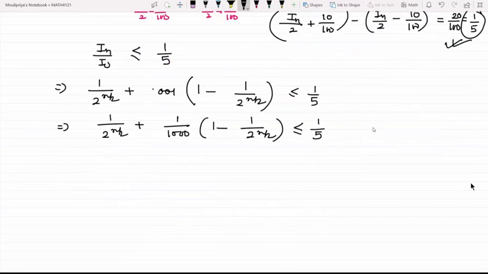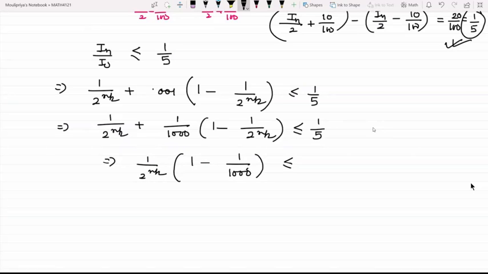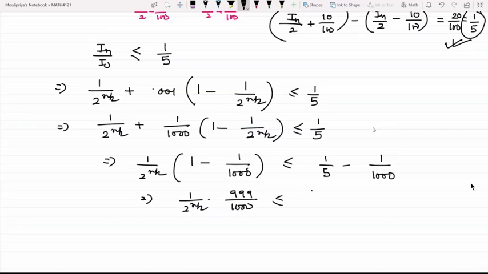So this implies 1 by 2 to the power of n by 2 times (1 minus 1 by 1000) is less than or equal to 1 by 5 minus 1 by 1000. This is 999 by 1000 less than or equal to, this is going to be 995 by 1000.